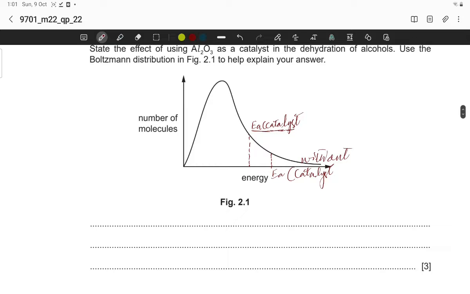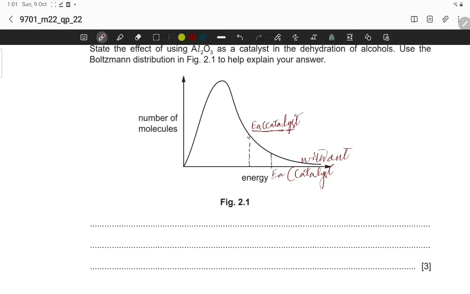But this does not mean that if this line is higher, it has higher activation energy. In these Boltzmann distribution curves, the bigger area indicates the activation energy with catalyst, and the smaller area indicates without catalyst, because the graph shows the proportion of molecules with higher energy.